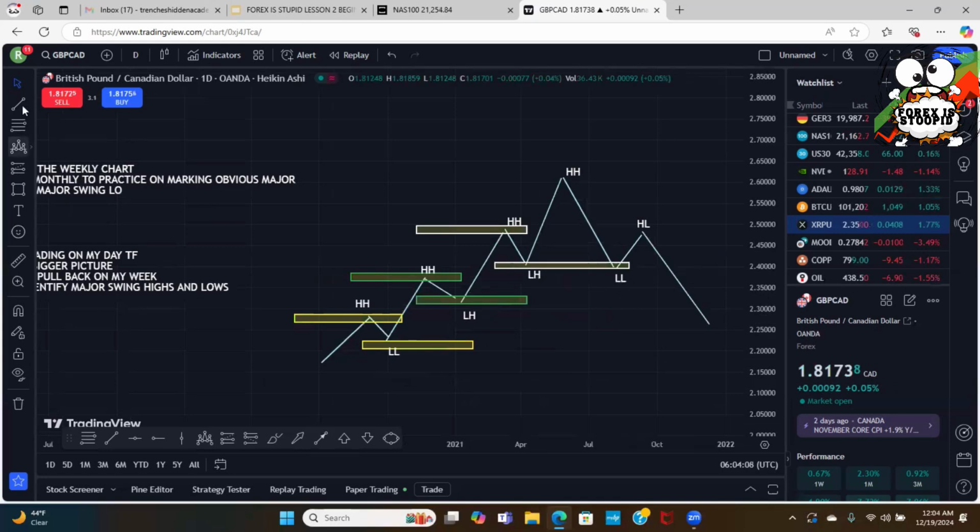It'll pull back. And as you see, these little lows can be used as resistance lows for the highs. But we can get into that later.